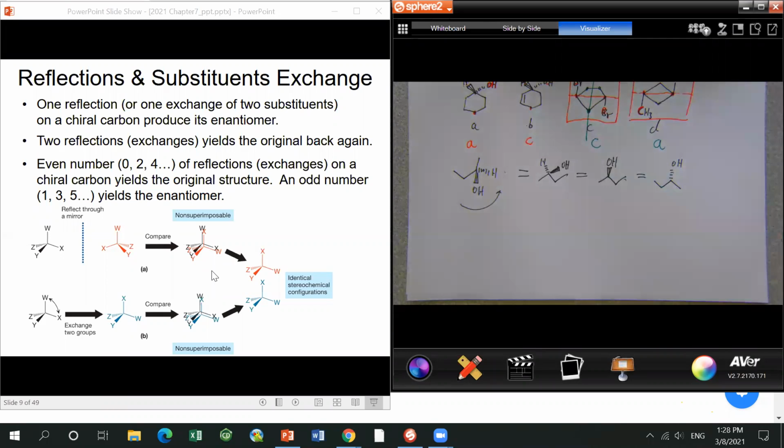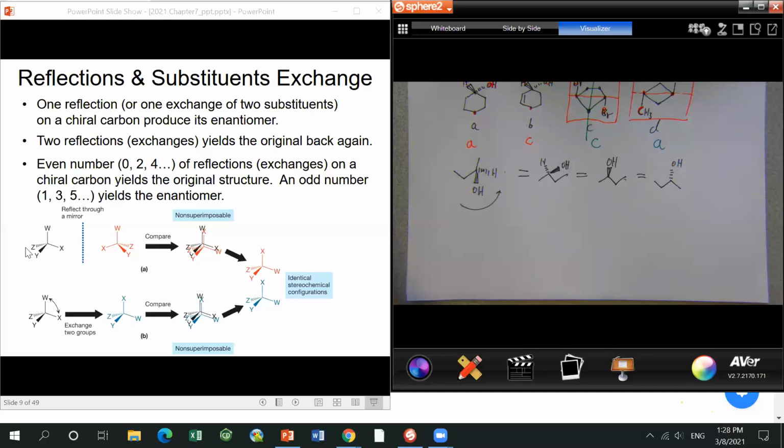The last important topic is about reflection and swapping substituent groups. When you do one reflection, that generates the mirror image, which for a chiral molecule is its enantiomer. And it equals swapping two substituents.